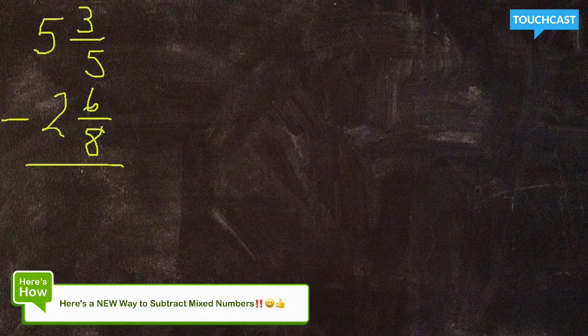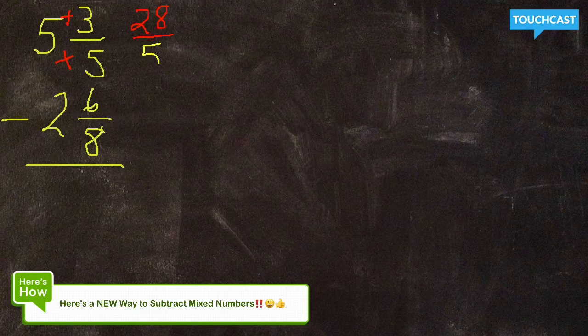But we're going to start out doing it the same way we just did the last one by changing this into an improper fraction. We multiply, then add. So we're going to multiply 5 times 5 and get 25, and then add on our numerator and get 28. And the 5 stays the same.